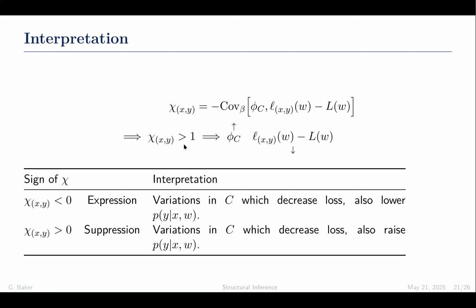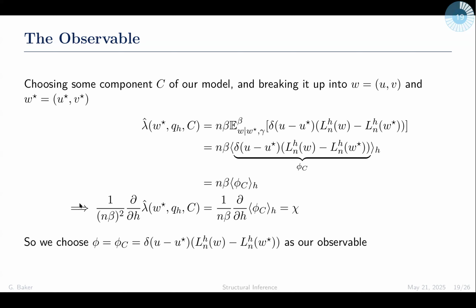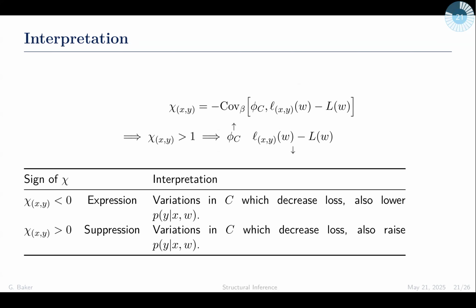And our phi c is the difference between the sampled weight and the actual weight. So we're saying if a small change causes you to do worse, go up, then this means that your loss on the selected data points needs to go down.